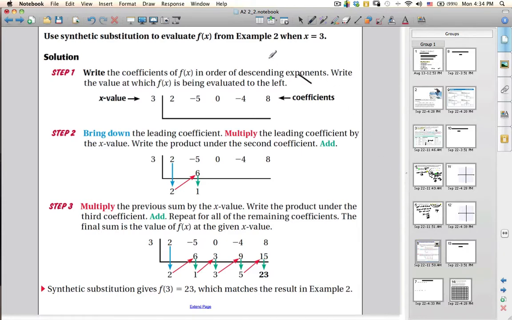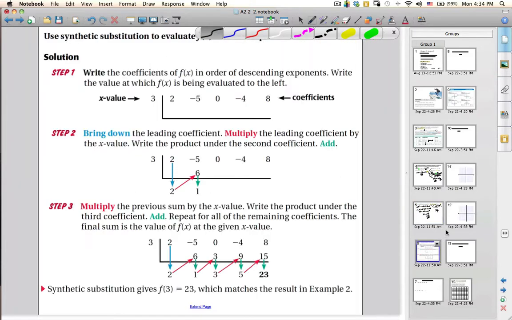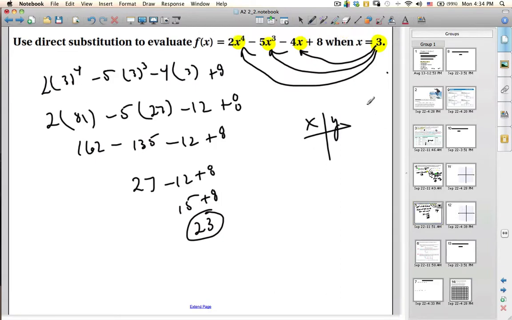And what it allows me to do, I'm going to take the same polynomial. If you remember, I said that the value was going to be 23 when I did direct substitution. When I do synthetic substitution, I take the coefficients from my polynomial function. And remember, let's go back and take a look at this function.